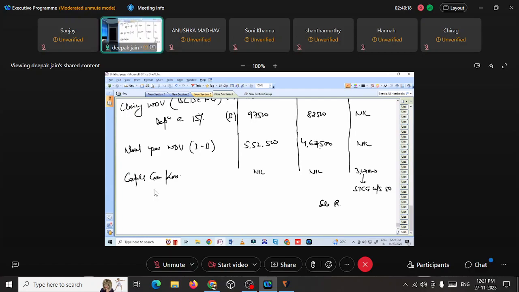Sale price 10 lakh minus value of block. VOB means value of block. How much is the value of block? 7 lakh. This one is short-term capital gain under section 50.